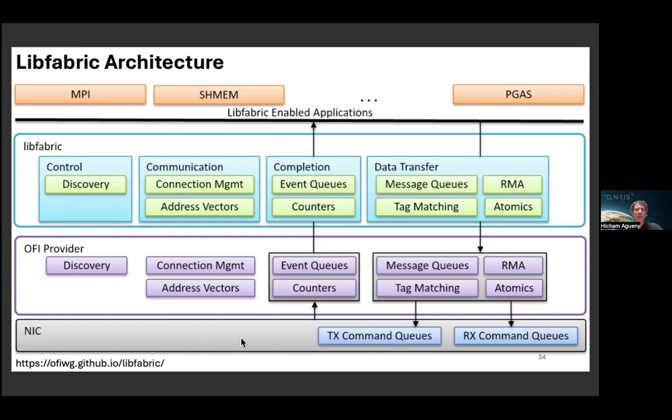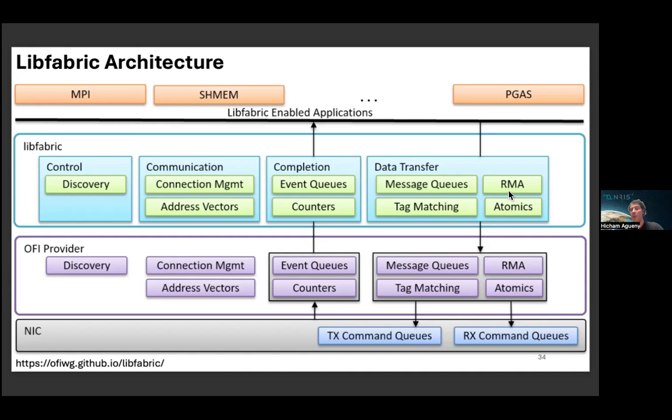Very briefly, some components within the libfabric API: the communication component stores information about different endpoints. Another important aspect is data transfer, which consists of a tag matching option, for instance. When sending a message, each message has a tag, which avoids confusion or interference between different messages.